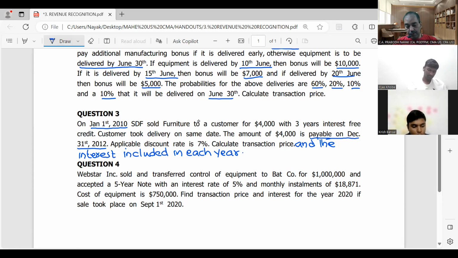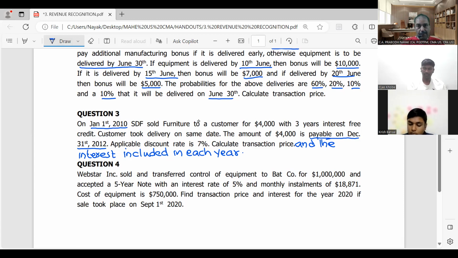So try it out. Tell me what is the answer. As I told you yesterday, 4,000 is paid now or 4,000 is paid after 3 years.